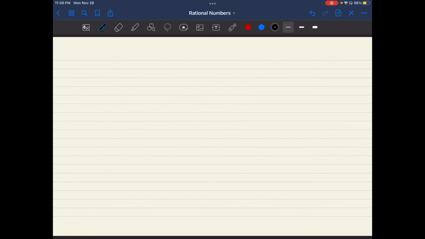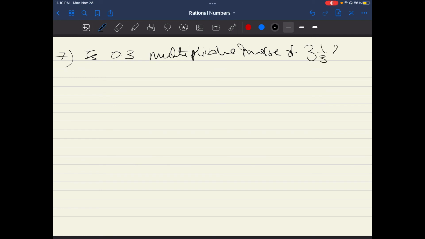Now let's work through another example. Is 0.3 the multiplicative inverse of 3 1 over 3? So what is 3 1 over 3 first of all? It's 3 times 3 plus 1 over 3, which is 10 over 3.